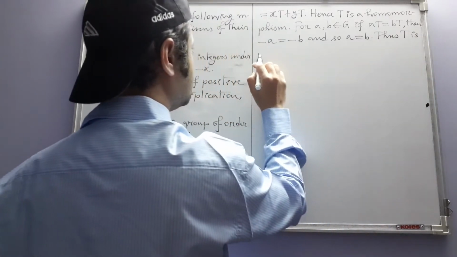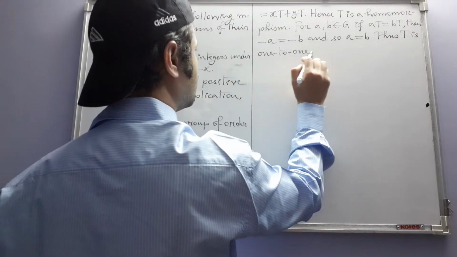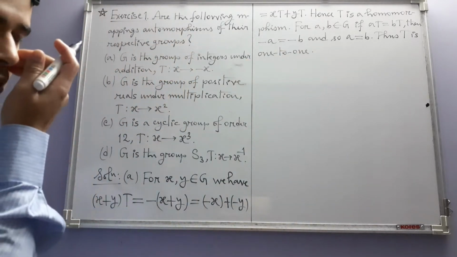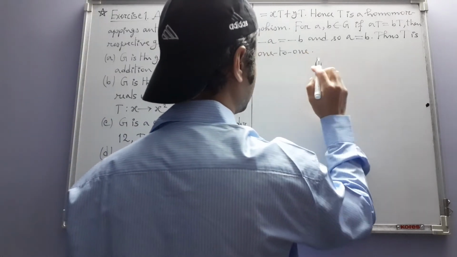Thus t is injective or one-to-one. One can also see that t is onto, but just for the sake of this solution, we show that also.